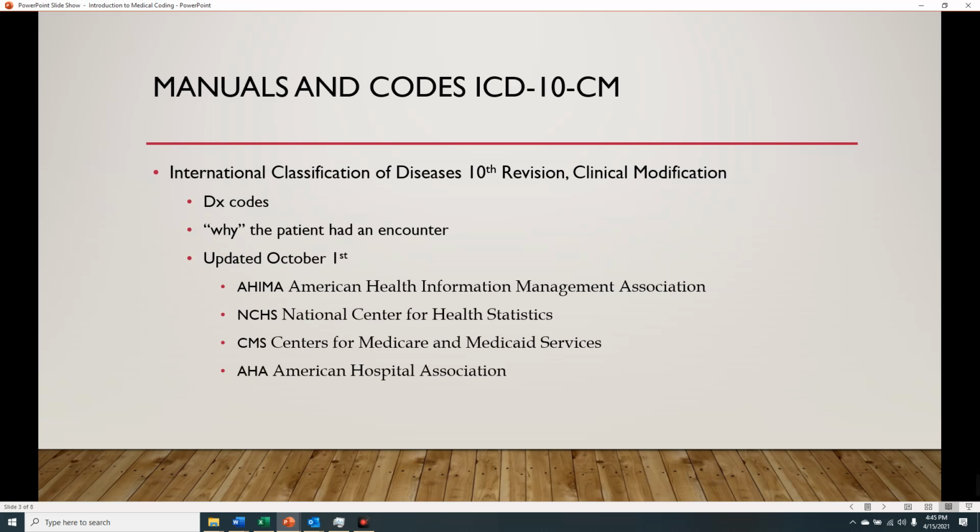So if our patient comes to the office and says that they fractured their arm, and then the physician agreed, did an x-ray, saw that the arm was a closed fracture, and then casted the arm. The reason the procedure, the casting, was done is because there was a fracture, the closed fracture. So that closed fracture is the why the patient had the casting done.